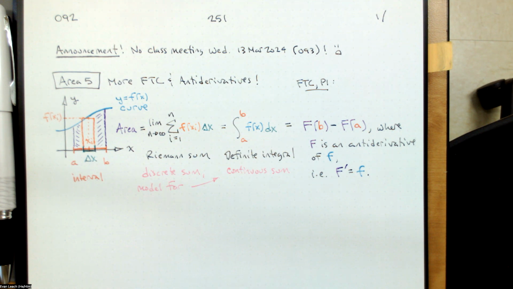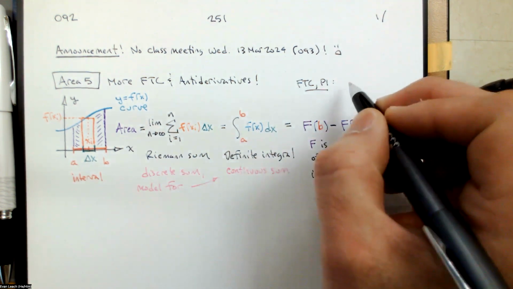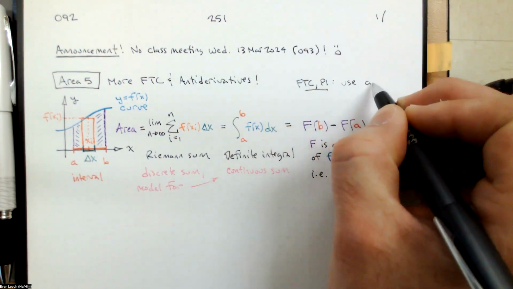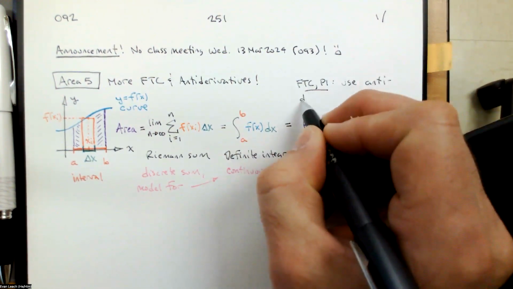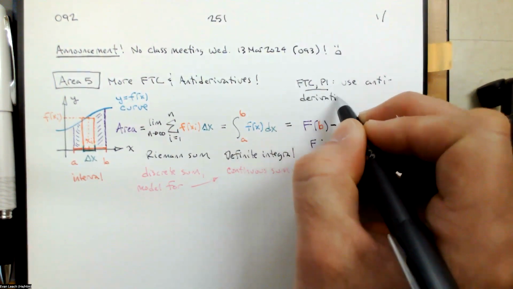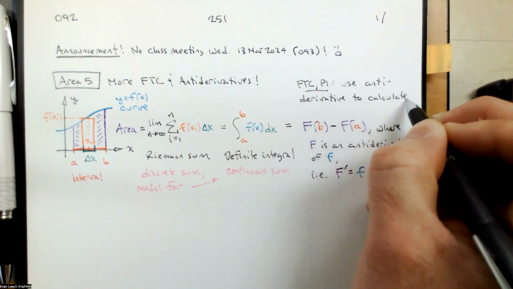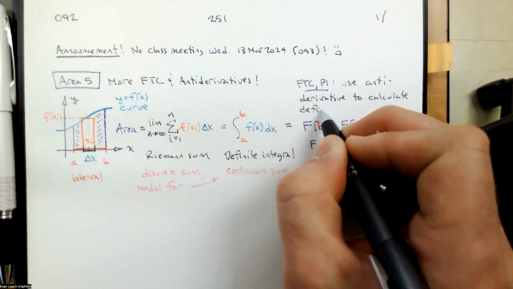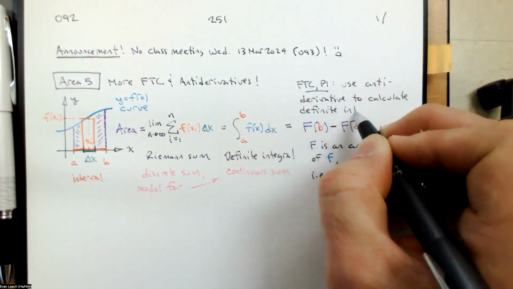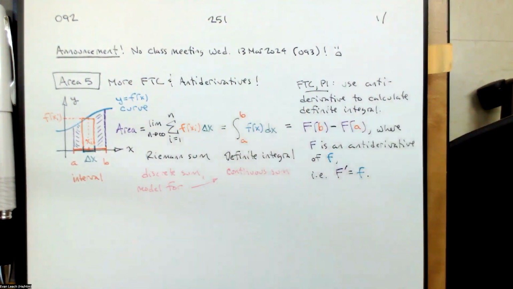The first part of the fundamental theorem of calculus says that we can use an antiderivative to calculate a definite integral.